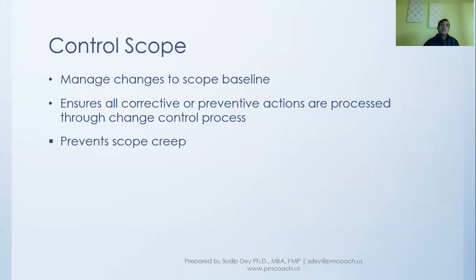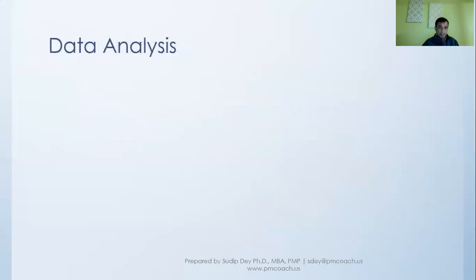As a result, what can happen is you have taken the change, maybe additional features have to be added and users have asked for that. And because we have not changed the cost or the budget, we have not changed the schedule, later on we find the project has become unmanageable. So when we go through the change control process, we are able to prevent scope creep.